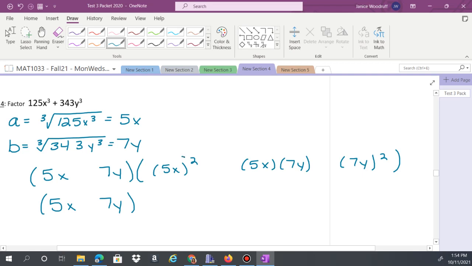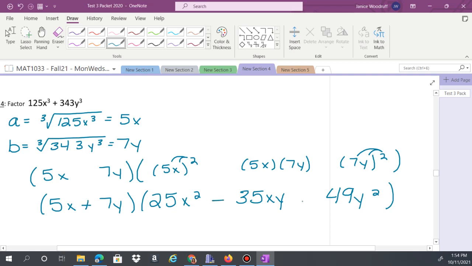So that's 5 squared x squared, so this should be 25x squared. 5x times 7y, 5 times 7 will give us 35xy. Then 7y squared is 7 squared y squared, so that should be 49y squared. And then SOAP. So same sign, so plus, opposite sign, so that's minus, and then that's always positive. And that should be our answer.